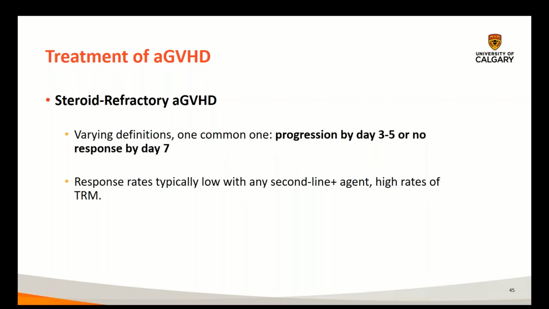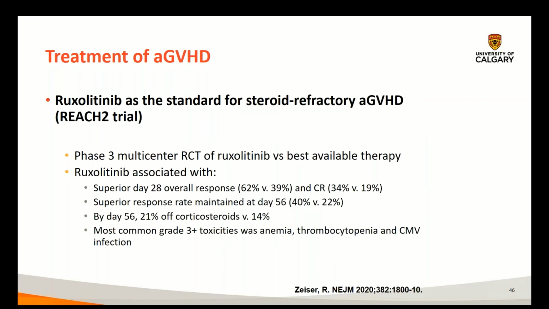Unfortunately, with steroid refractory acute graft versus host disease, response rates have been typically low with really any second-line agent, and there is a relatively high rate of treatment-related mortality associated with this disease. The good news is that we have a relatively new option for treatment of steroid refractory acute graft versus host disease, and that's ruxolitinib.